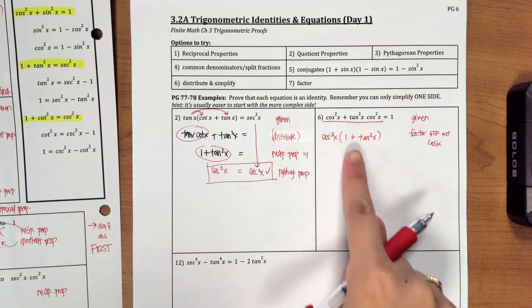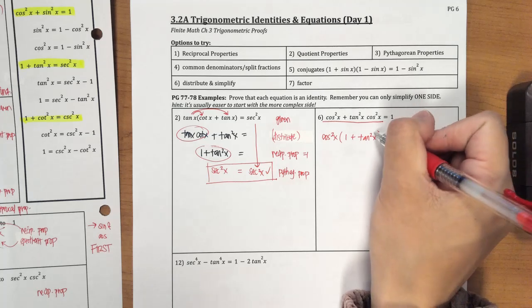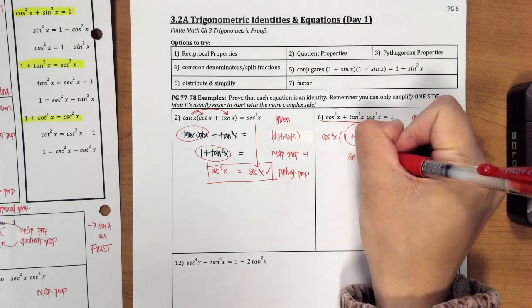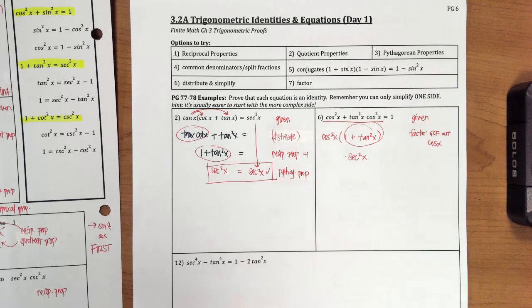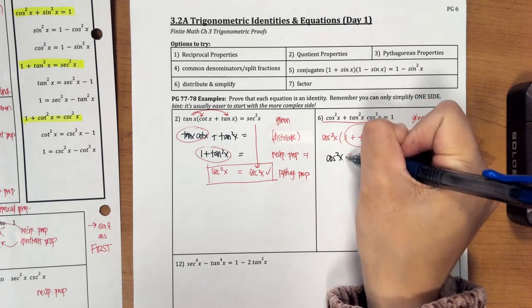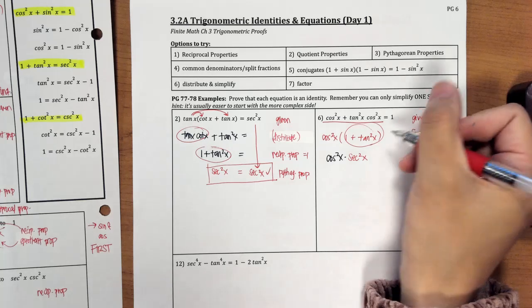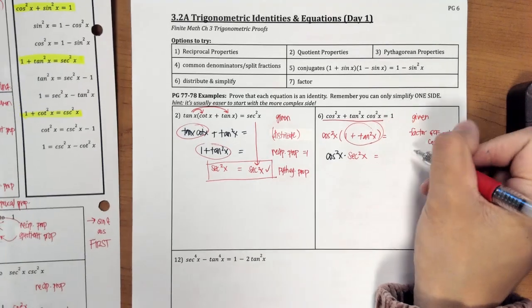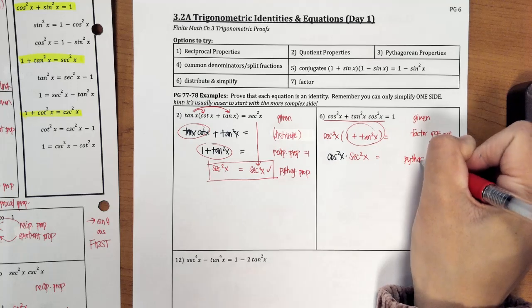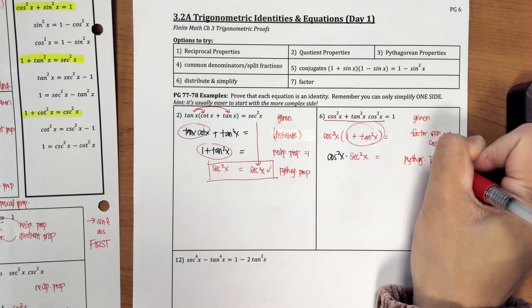We just talked about that property. 1 plus tangent squared x is secant squared x. So this was a Pythagorean property.